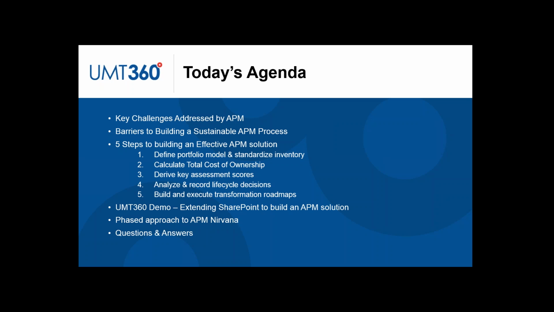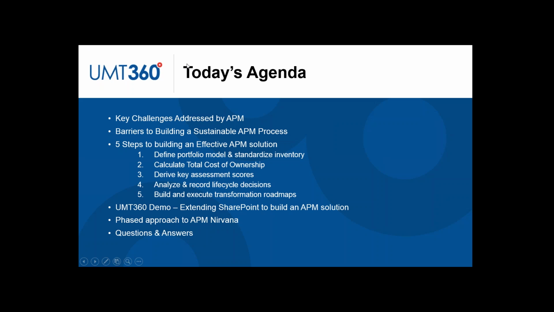Look at defining a scalable and flexible enterprise portfolio model and standardizing the application inventory, calculating and deriving cost of ownership, deriving key assessment metrics, and ultimately analyzing and recording lifecycle decisions and building roadmaps to bring effective change to the application portfolio. As I said, this presentation will be kind of 2 parts, because then we'll take a look at how UMT360's enterprise portfolio management solution builds on SharePoint to build an effective application portfolio management solution. And then we'll end with Q&A.